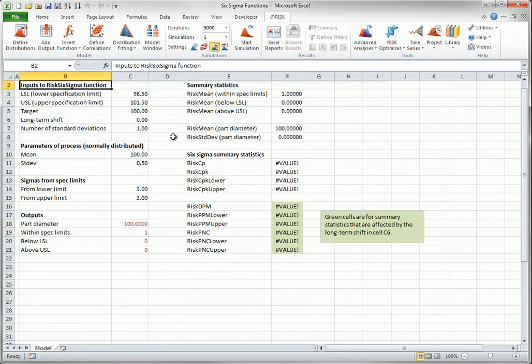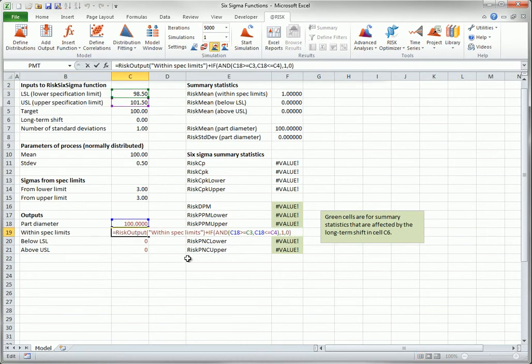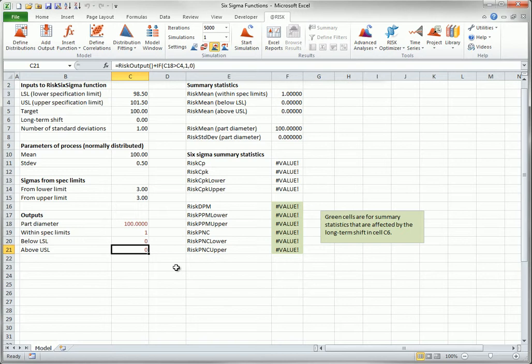The 0,1 values in cells C19 to C21 indicate whether a typical part is within specification limits, below the LSL, or above the USL. And these three cells have been designated as @RISK output cells.